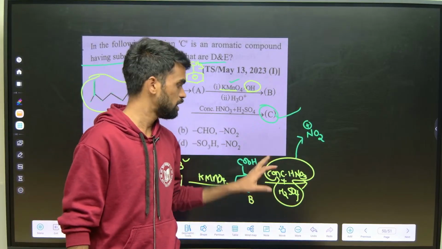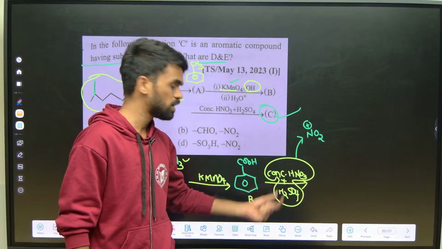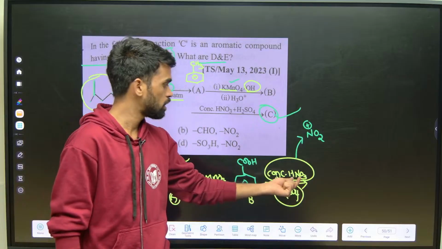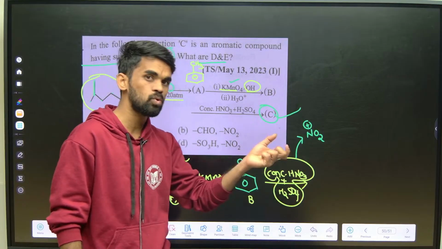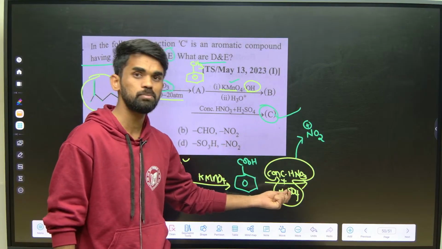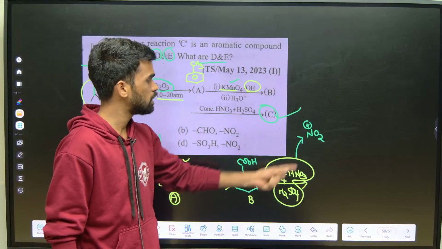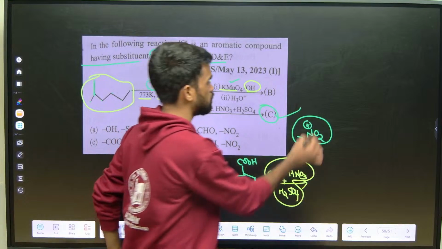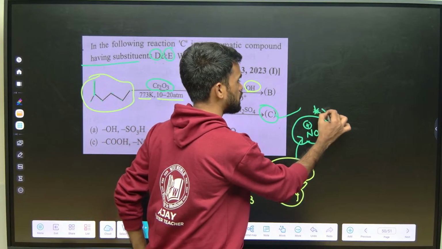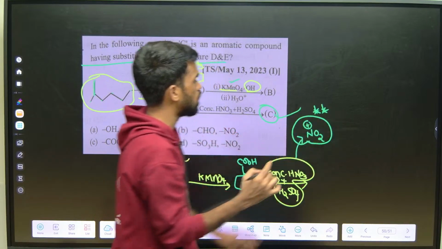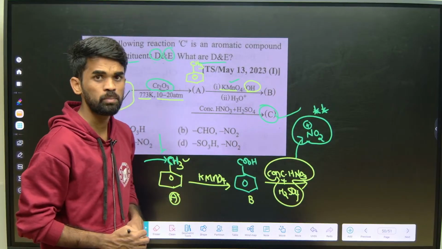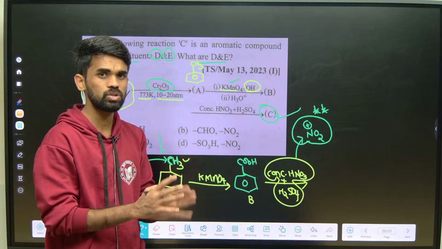Therefore, in this particular conversion, sulfuric acid acts as an acid and nitric acid acts as a base. From nitric acid remove OH and from sulfuric acid remove H. Further it will give the nitronium ion as an electrophile. These are statements to be remembered during your exam, because a JEE question was asked from this. So how nitronium is formed and what is the acid and base during this reaction.